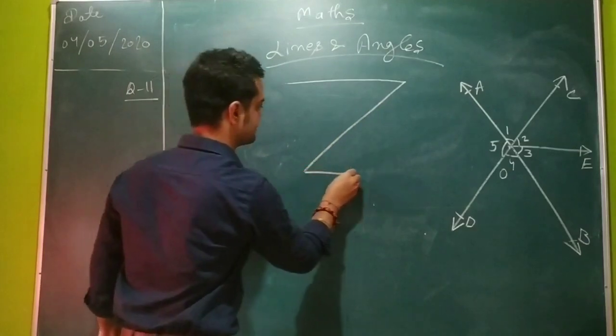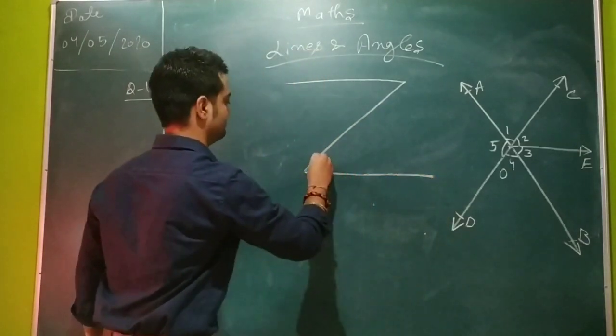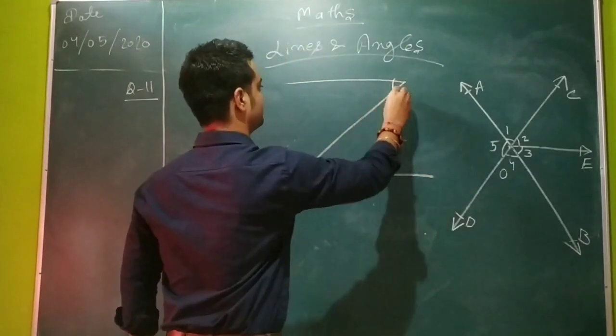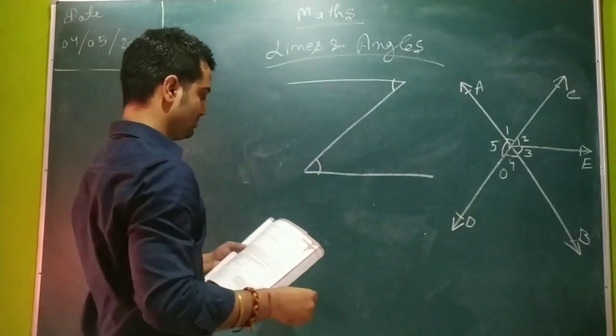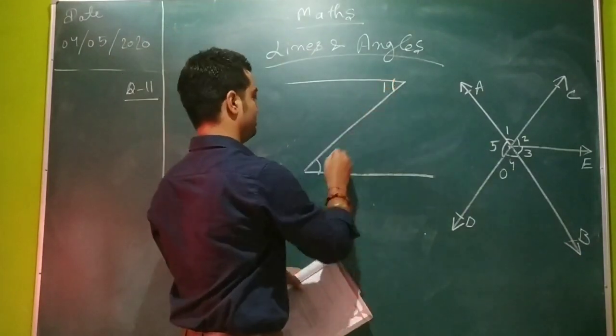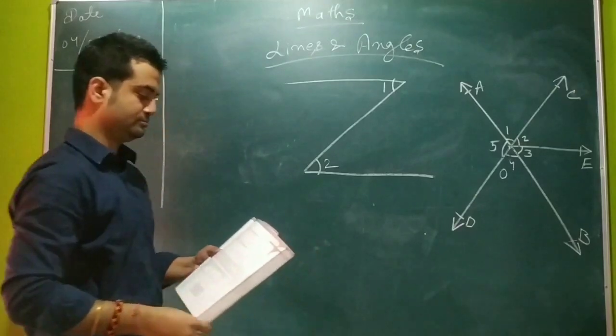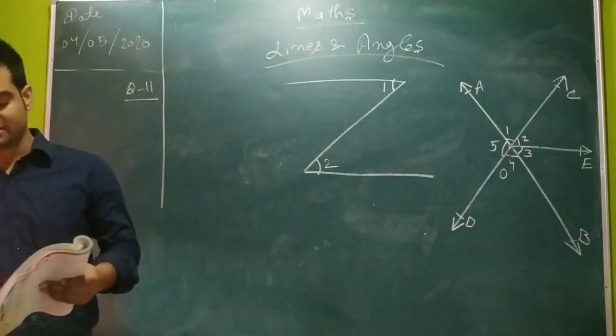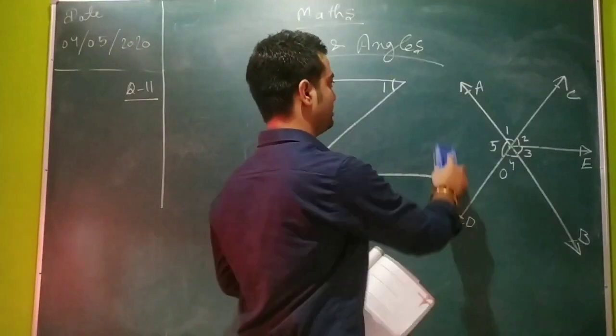It looks like a building, right? And two angles are here, angle 1 and angle 2. We have to find out whether angle 1 is adjacent to angle 2 or not.